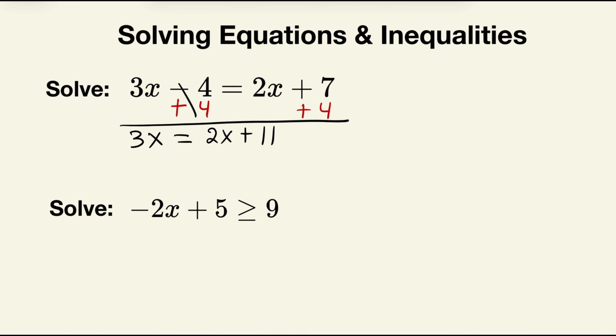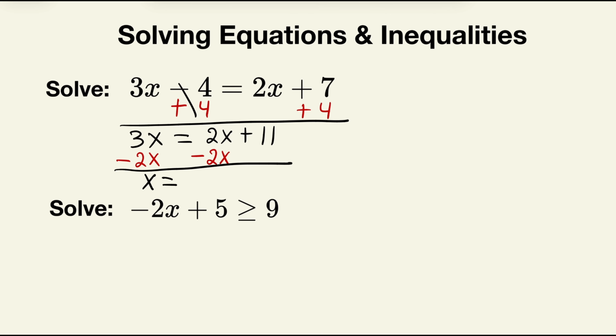Again, the ultimate goal is to isolate x. I see that I can move 2x to the other side, so I can do that by subtracting 2x from the right and from the left. As you can see, we're left with x. It's 1x, but it's understood that we don't need to place a 1 in front of the x.